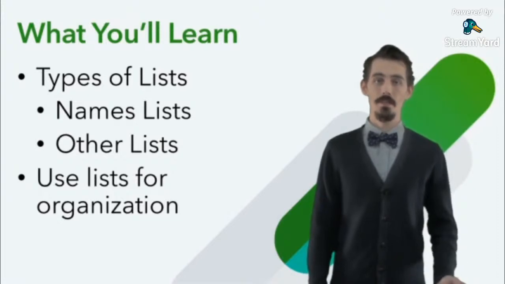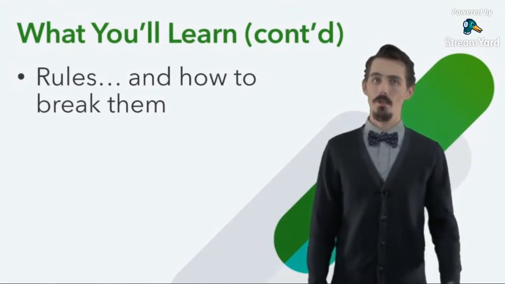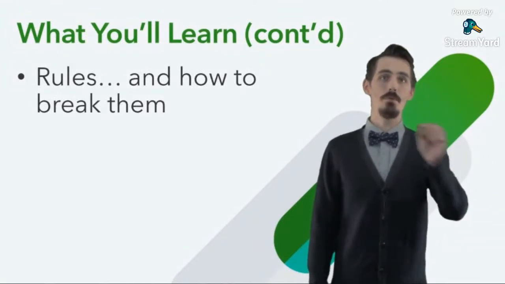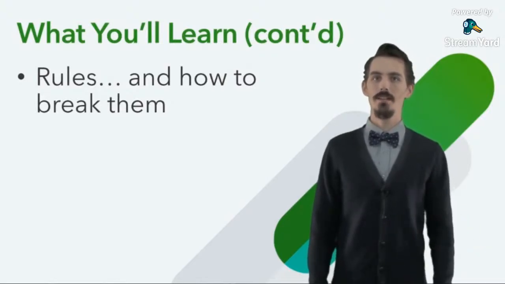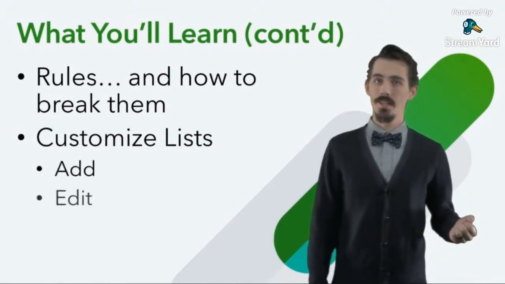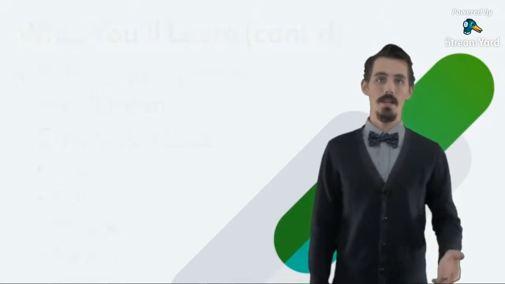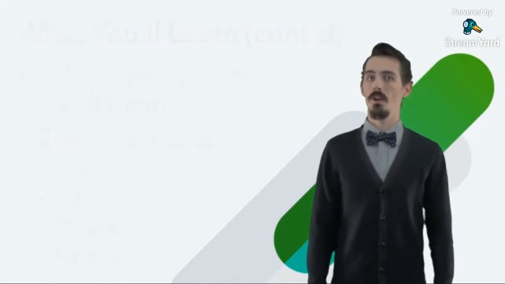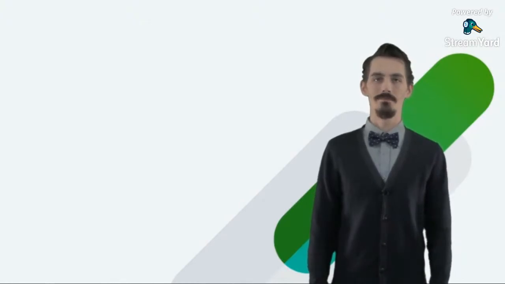Like most things in life, lists do have rules that you should abide by. You'll learn about those rules and how you can work around them. Finally, you'll learn to create and customize lists by adding entries, editing existing entries, and deleting and even merging other entries. Next, you'll get an overview of what lists are and the different types of lists in QuickBooks Online.